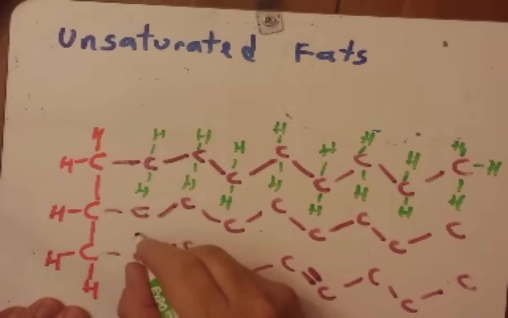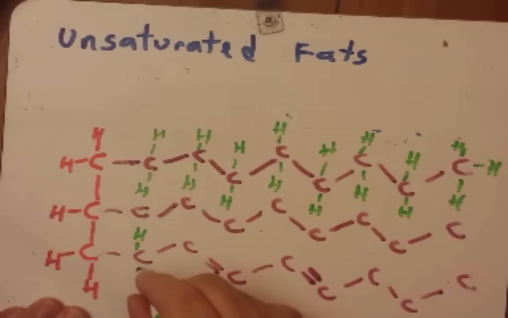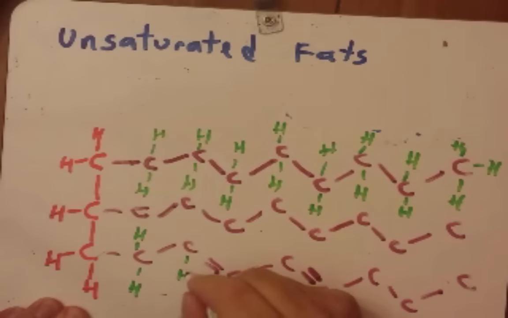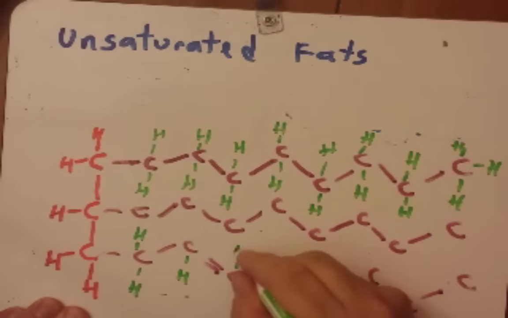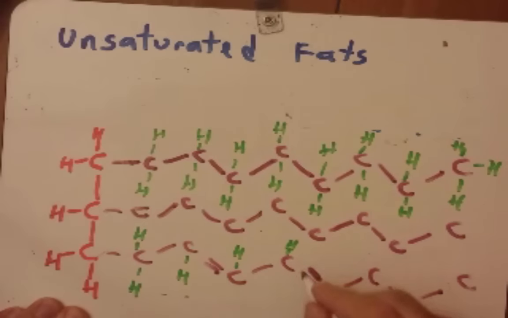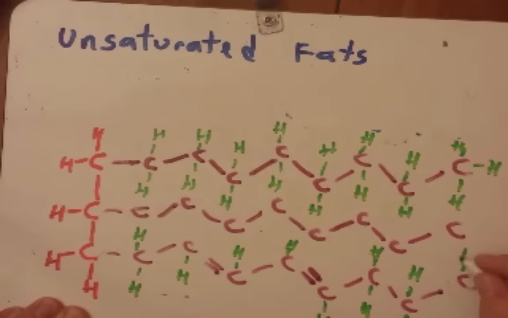So in this case, this carbon will be bound by two hydrogens. This one will only be bound by one, as this one will also only be bound by one. This will be bound by one, as will this one. This one will be bound by two, and two, two, two, and three.